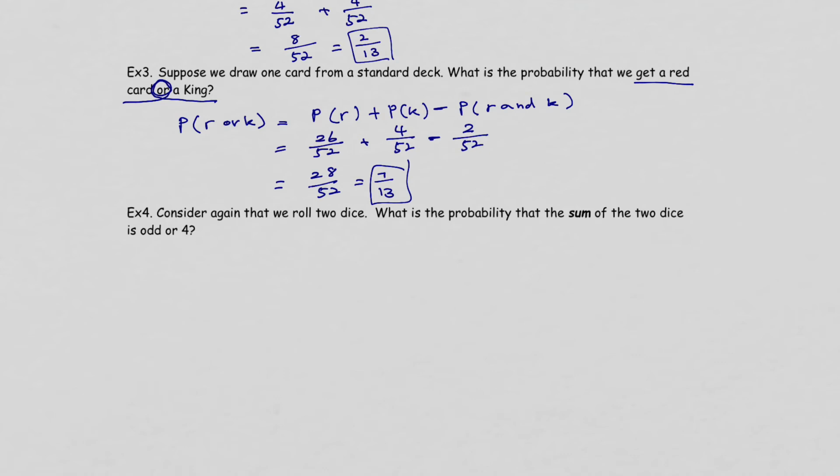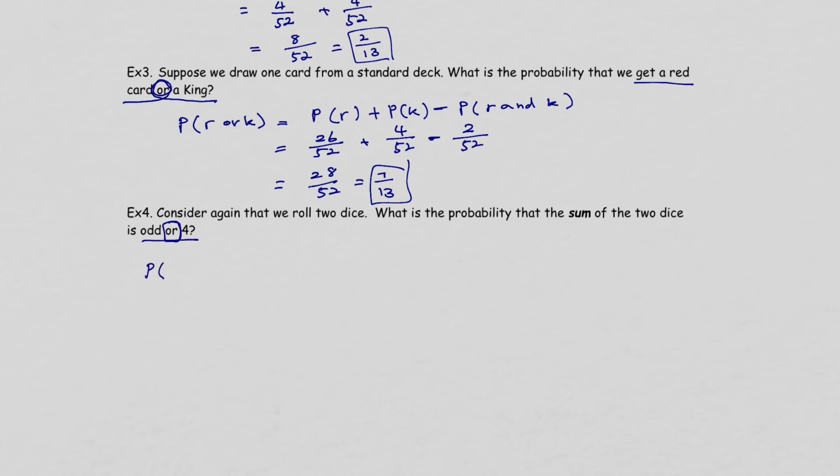What about example 4? Consider again that we roll 2 dice. What is the probability that the sum of the 2 dice is odd or 4? So, odd or 4. This is going to be an "or" probability. "Or" probability is adding, right?